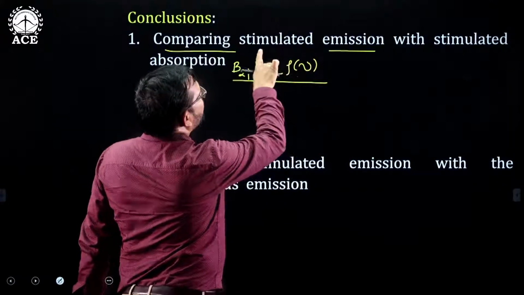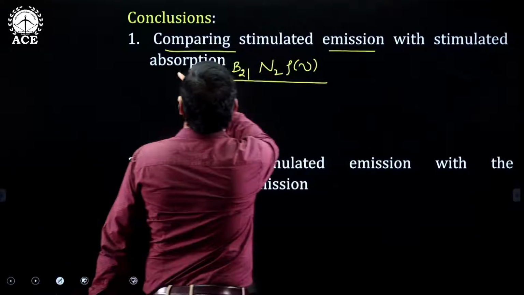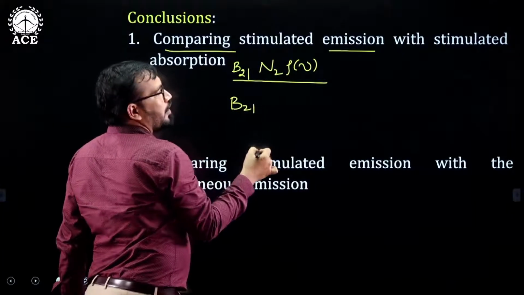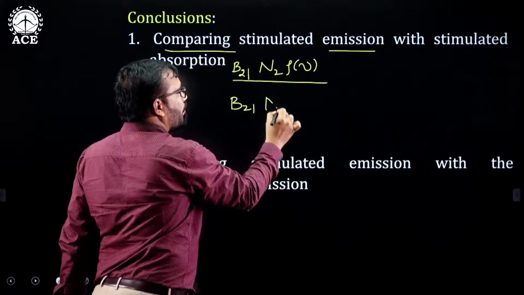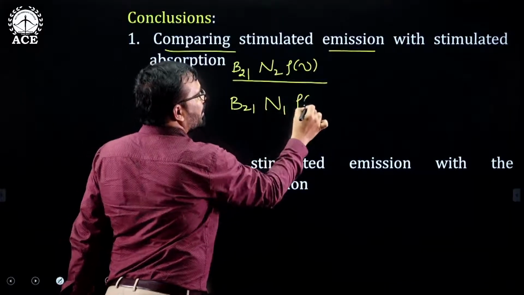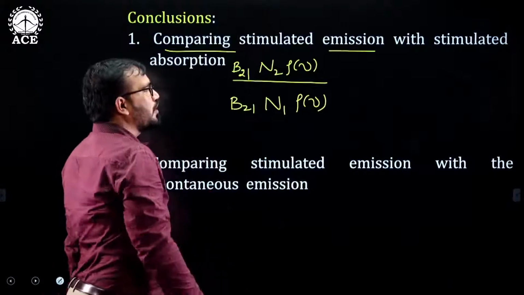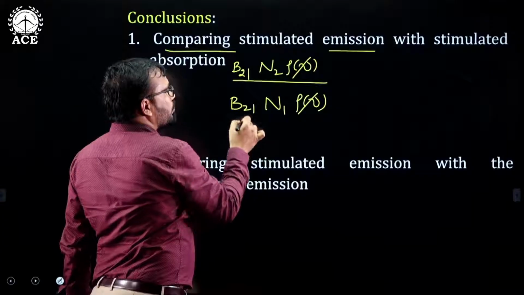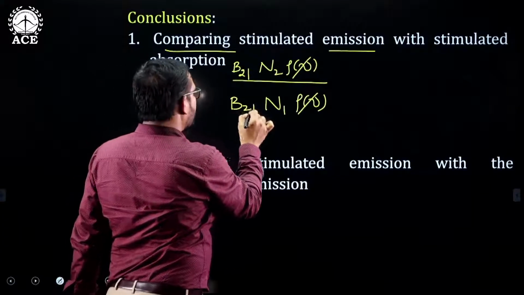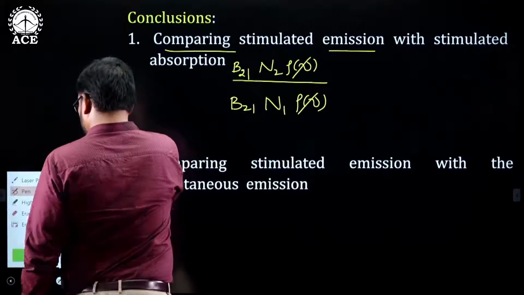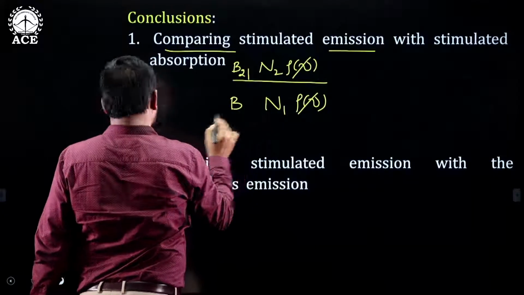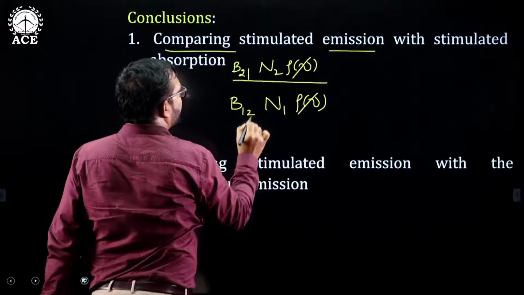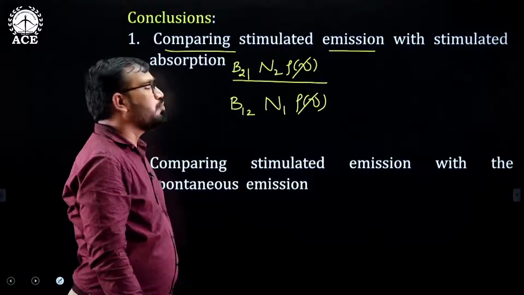Next, stimulated emission with stimulated absorption. Absorption means upward transition, B12. Absorption depends on the number of atoms, N1, and depends on the photon density, rho nu. So rho nu is the same here. B21 and B12 are both the same.